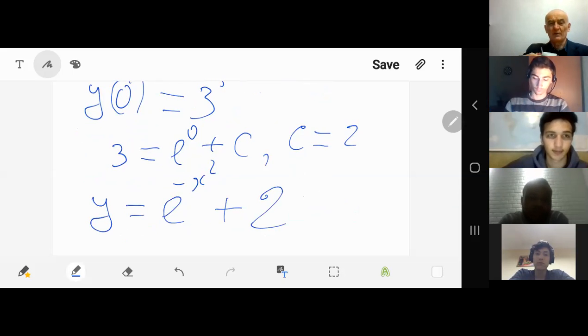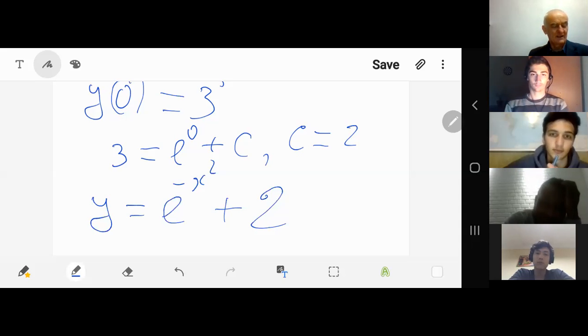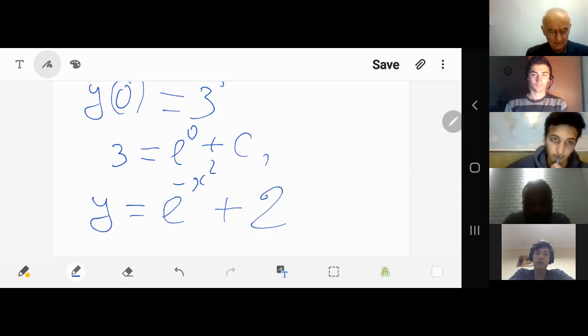Please ask if you have any questions. Yes, where did you get this 2? C is equal to 2 because e raised to power 0 is 1, and 1 plus c... is it 1 plus 1 making 2? Oh, it's a very good question, Emmanuel. Let's answer your question. Here we have 3 equals e to power 0, which is 1.